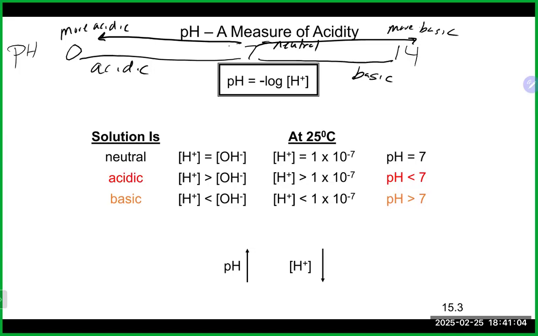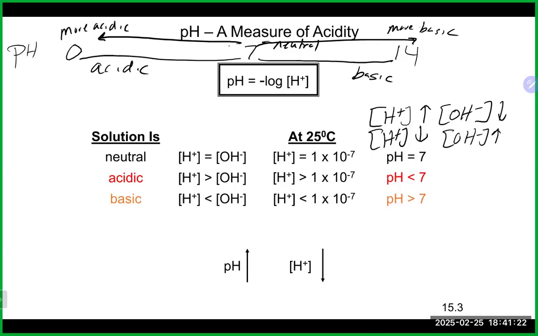A couple of important relationships, by the way: as the H plus concentration increases, the OH minus concentration goes down, and they run opposite of each other. As the H plus concentration decreases, the OH minus concentration would increase. So H plus and OH minus balance each other. One goes up, one goes down.